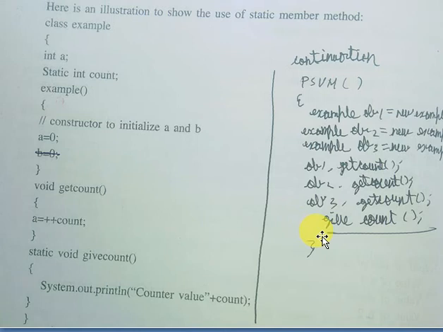So it can display only the count value because it has nothing to do with any particular object. As a result, you cannot access the value of A of any of the objects. It can access only the static variable. So a static function can access only the static variable or the local variable, but not the instance variable.